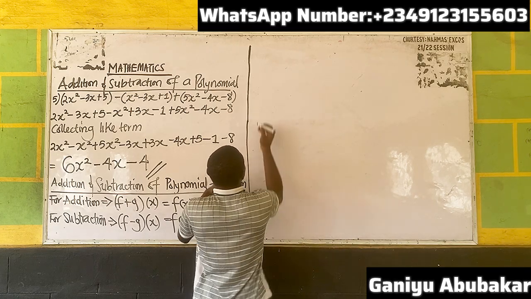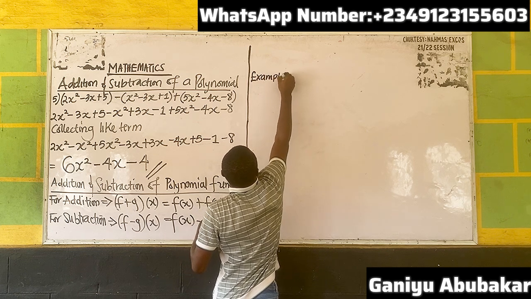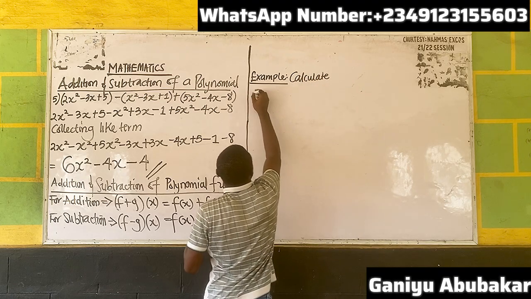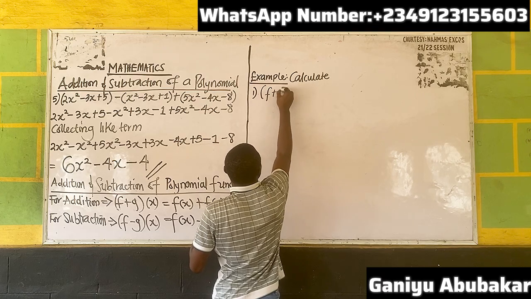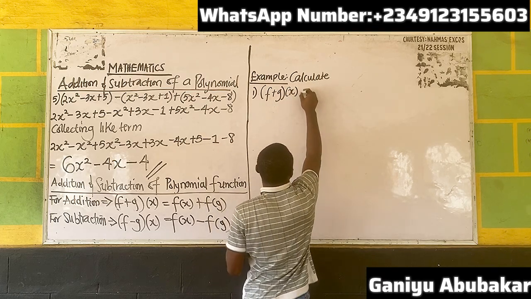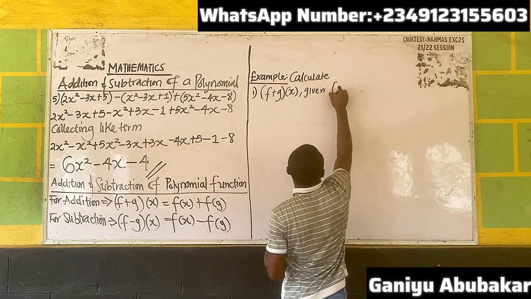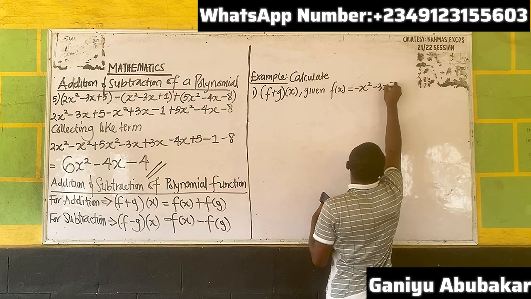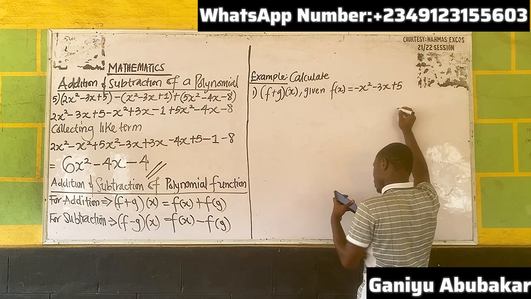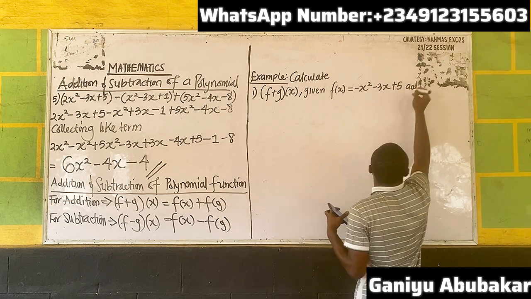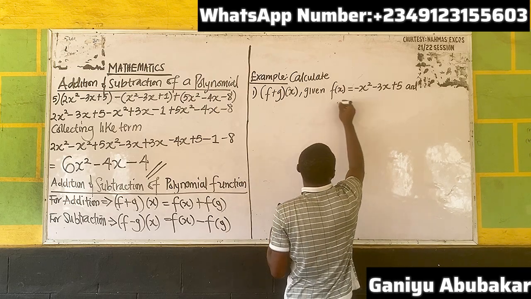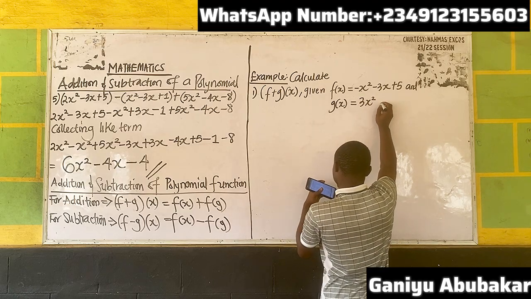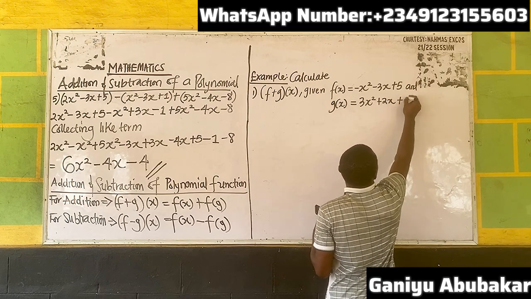Number 1 says calculate f plus g of x, given that f of x is minus x squared minus 3x plus 5, and g of x is equal to 3x squared plus 2x plus 1.